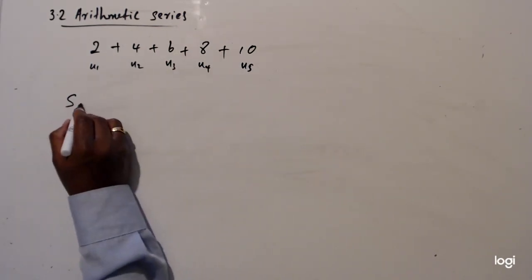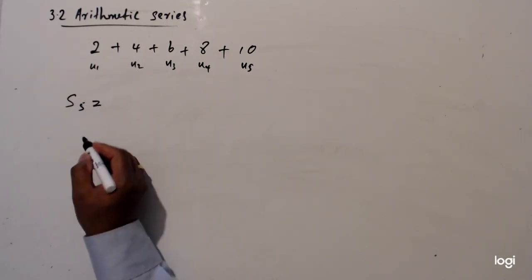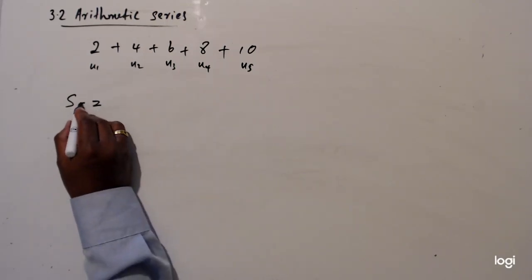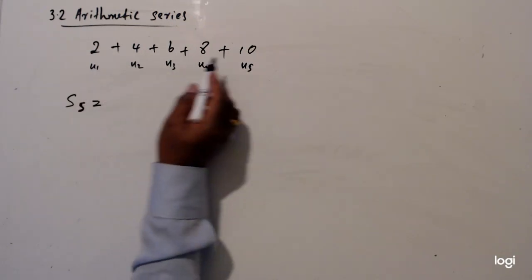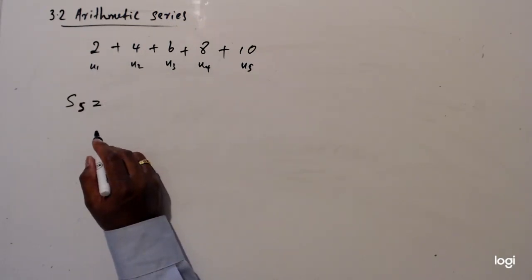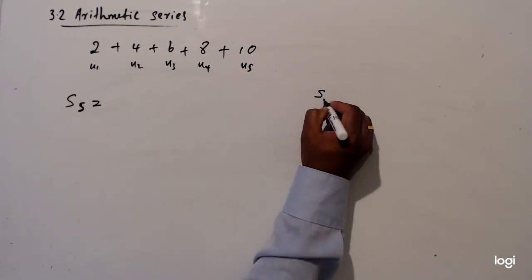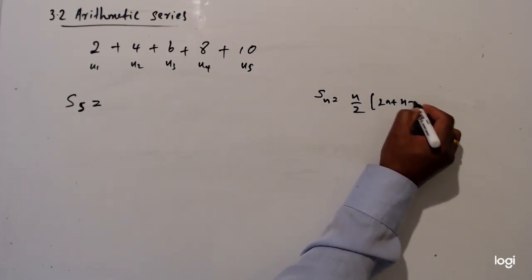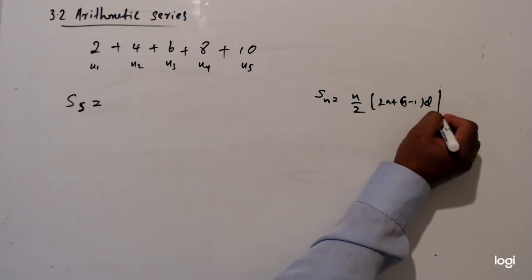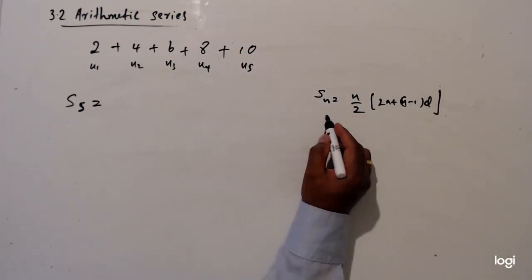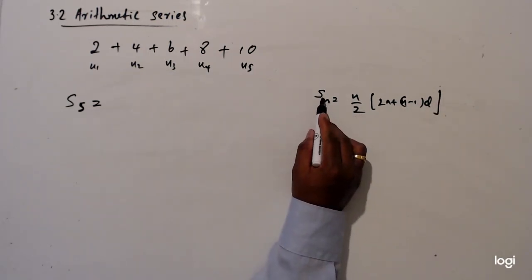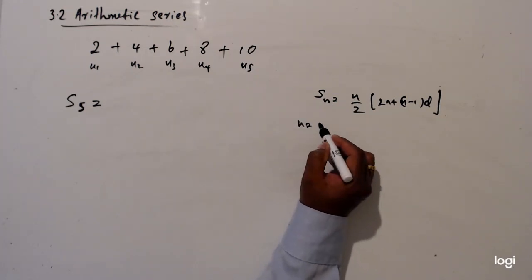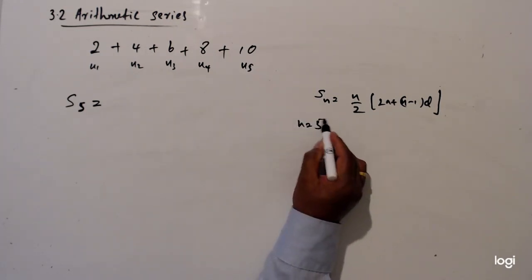I want to find S5, the sum of the first 5 terms. I know the formula Sn equals n divided by 2 times (2a plus (n minus 1) times d). Then instead of n, I write 5, n equals 5.